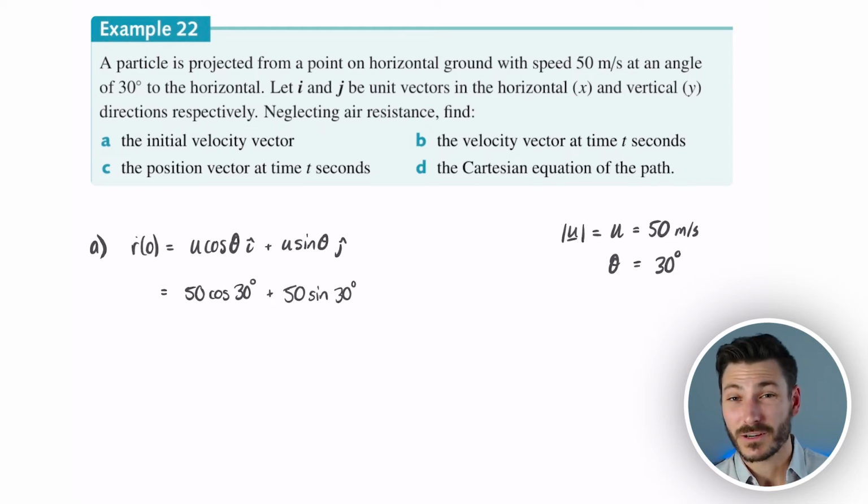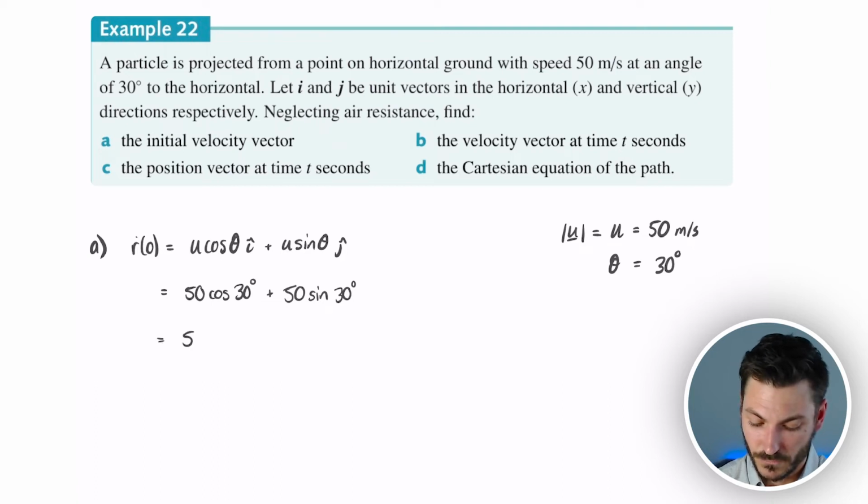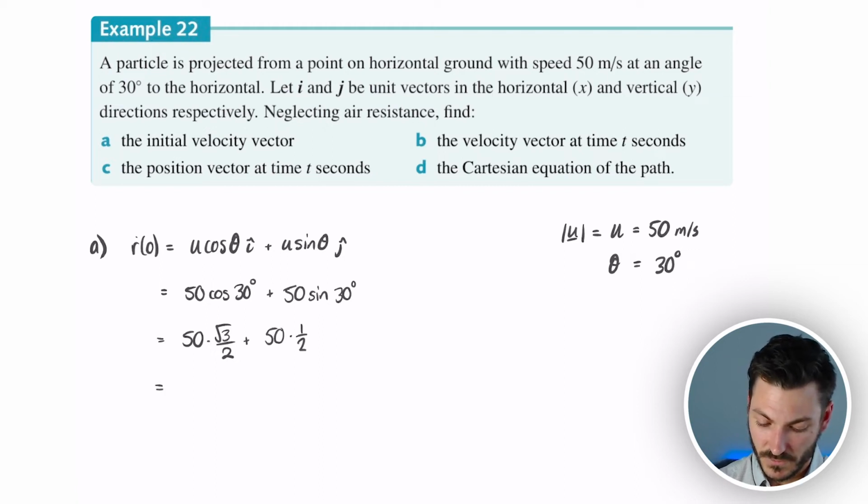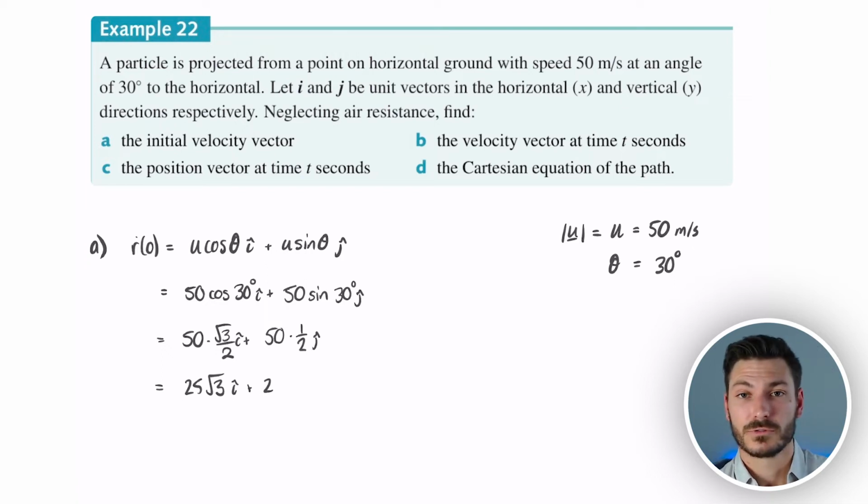This looks like a tech-free question because 30 degrees is one of our known angles, so we can simplify to 50 times root 3 on 2 plus 50 times a half, which simplifies down to 25 root 3 in the i direction, plus 25 in the j direction. So my initial velocity vector is 25 root 3 i plus 25 j.